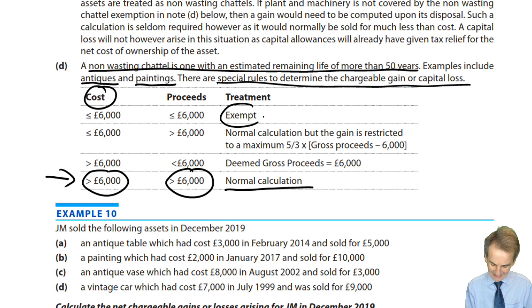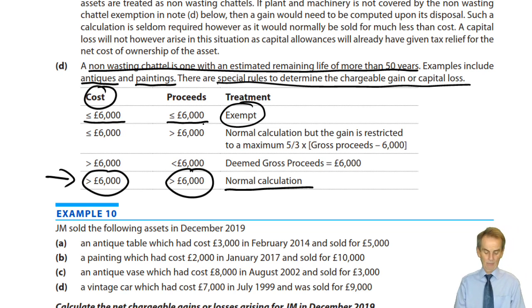And it will be exempt where both the cost and the proceeds do not exceed £6,000. Our cost is £6,000, or as it will be in an exam question, somewhat less than that, and our proceeds do not exceed £6,000. If we don't go above 6,000, then that equals exempt.